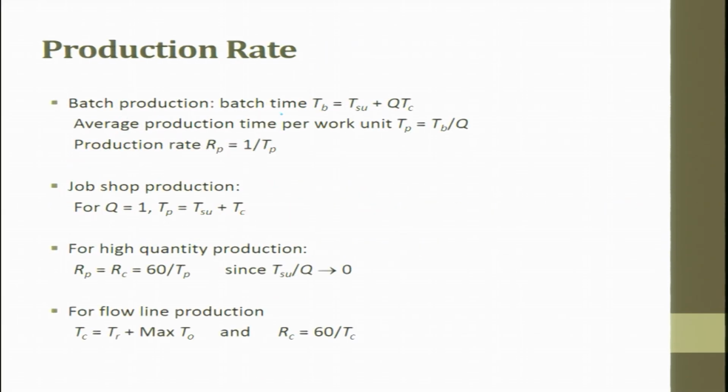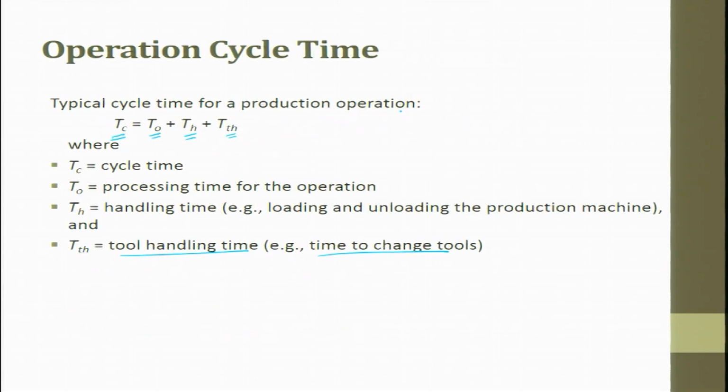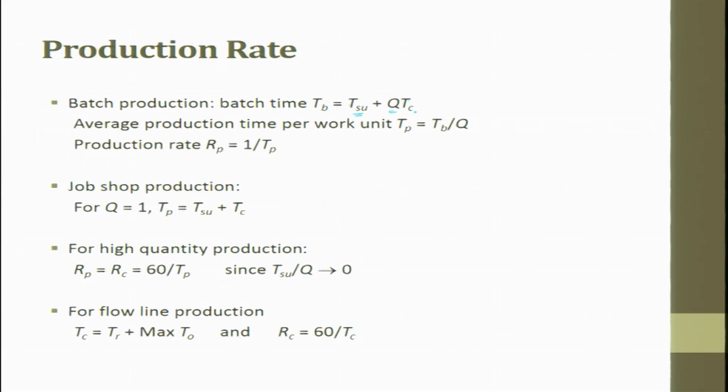For batch production, jobs of production, high quantity and flow line, let us see how the production rate differs. For batch production, the batch time is Tb equal to Tsu plus Q times Tc, where the average production time per work unit Tp is nothing but Tb by Q. Tsu is the setup time, Q is the quantity, and Tc is the cycle time, like we saw here.